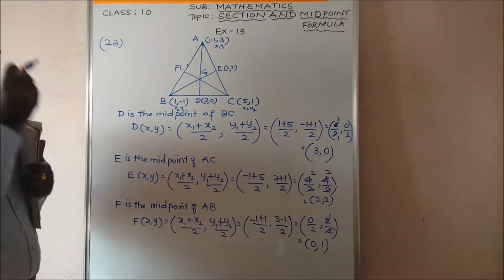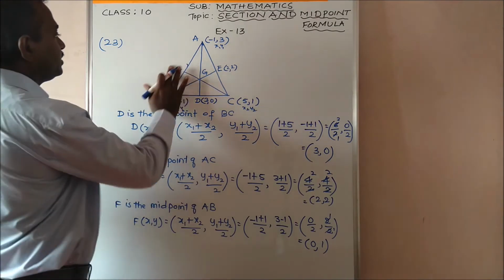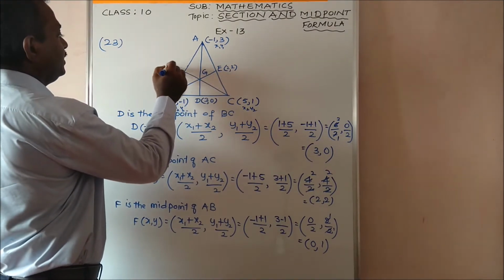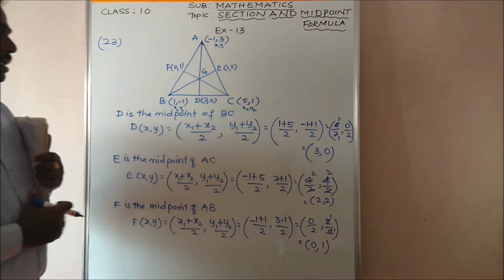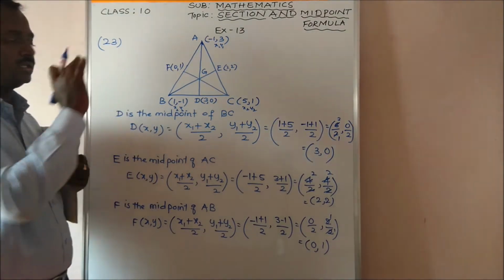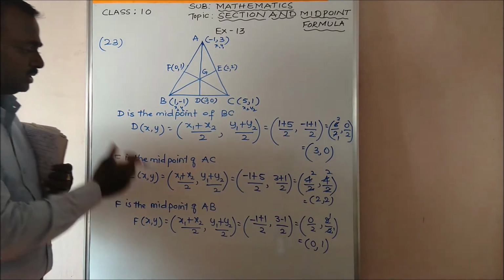So F is (0, 1). Now we have got the midpoints of all three. Correct. So you take down these points.